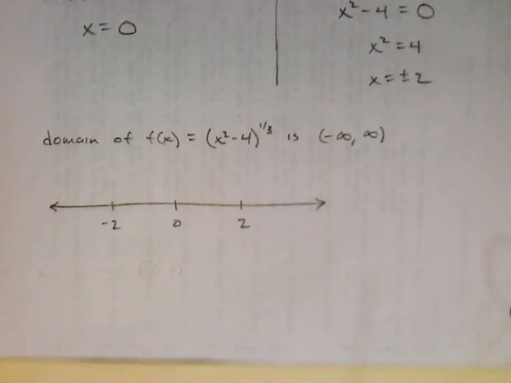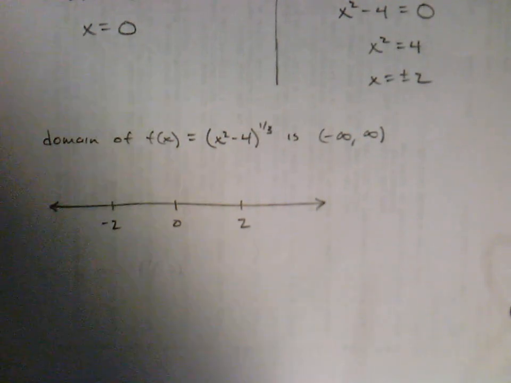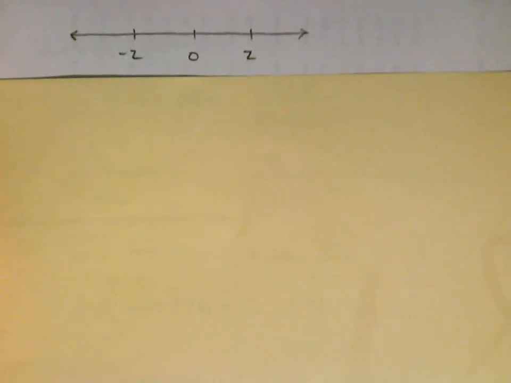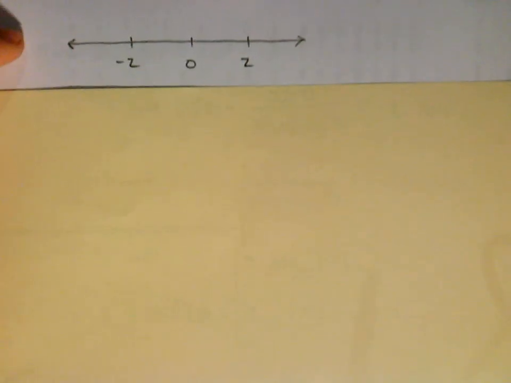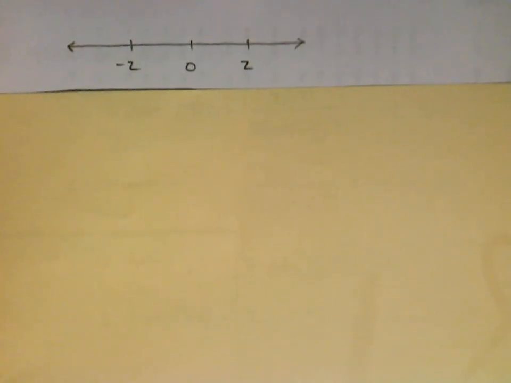Okay. Now I ran out of room on this page, so I'm going to go ahead and continue it up here, but I've drawn that number line again. So we need to have that to reference. And same procedure as before.